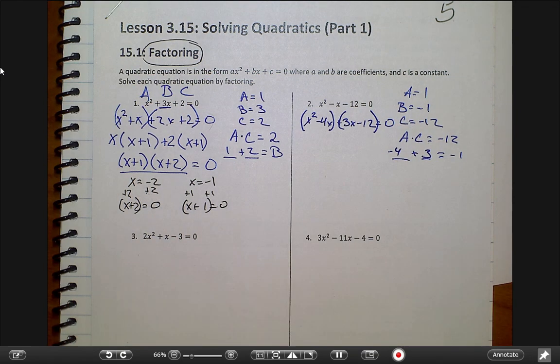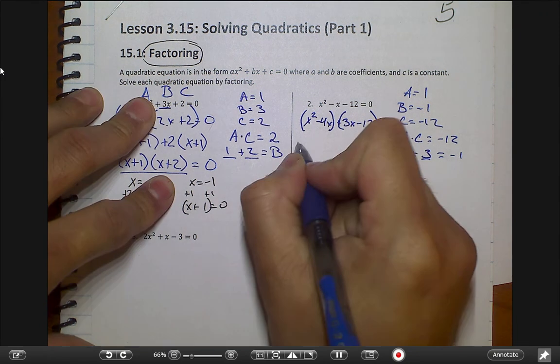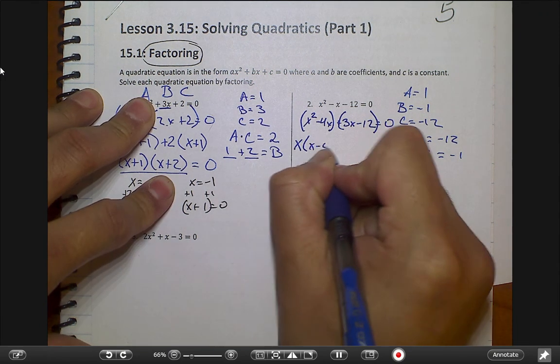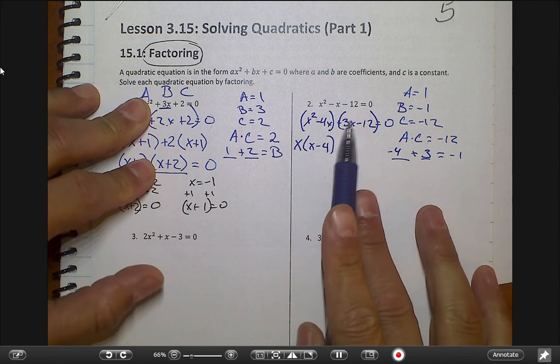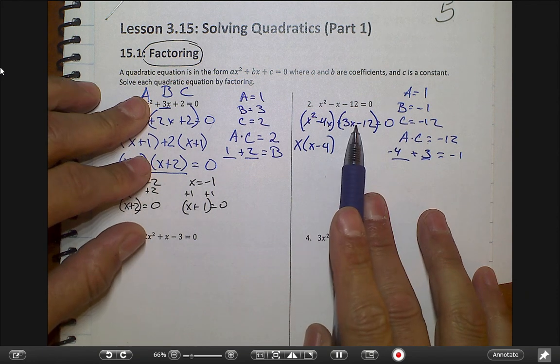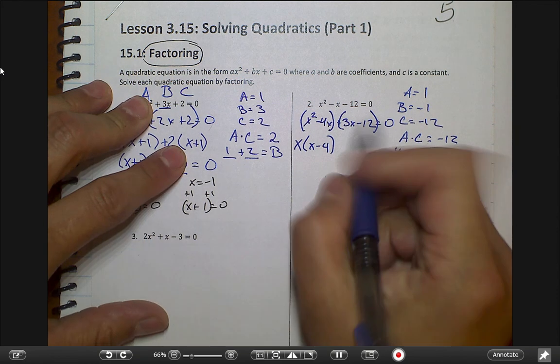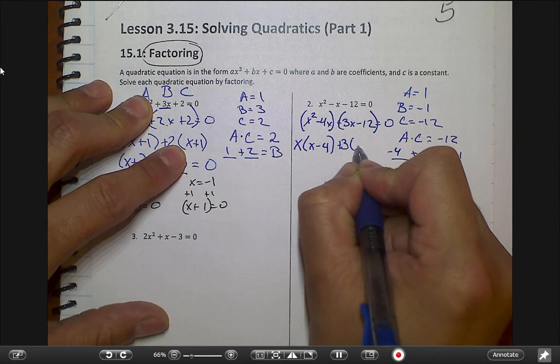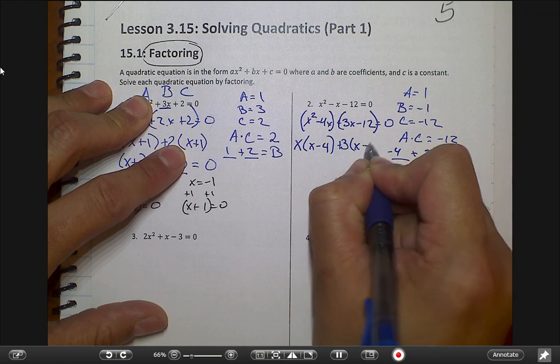Okay. All right, now I'm grouping it. What can I factor out of that first group? I'm left with x minus 4. What can I take out of the second group? Positive 3, right? Yeah. So I put plus 3. I'm left with x.